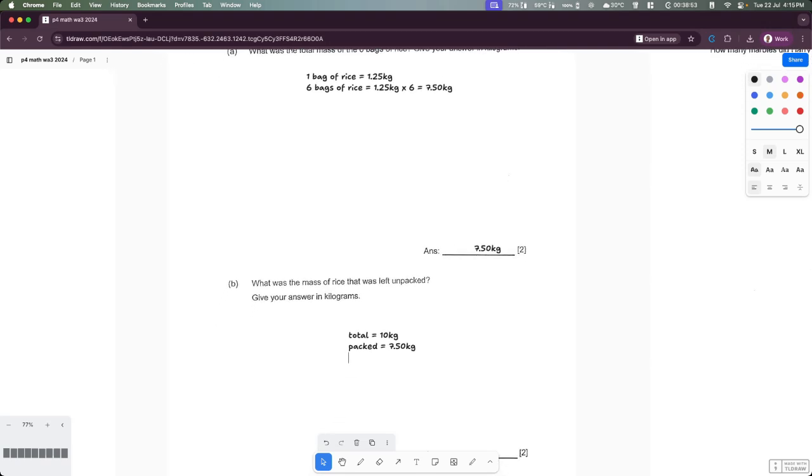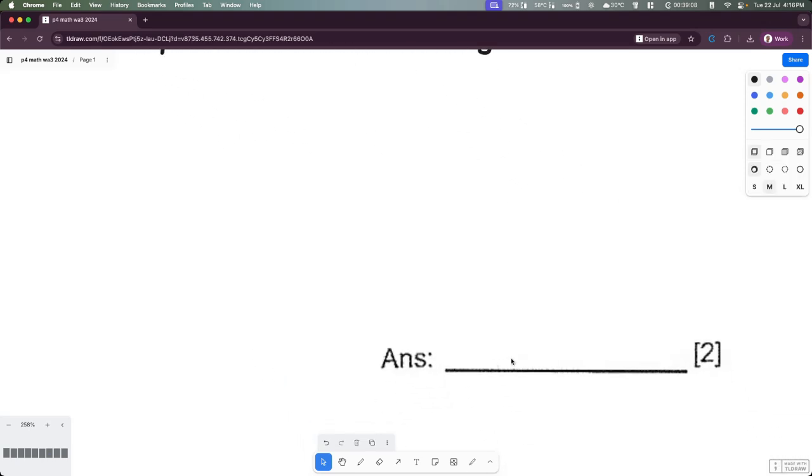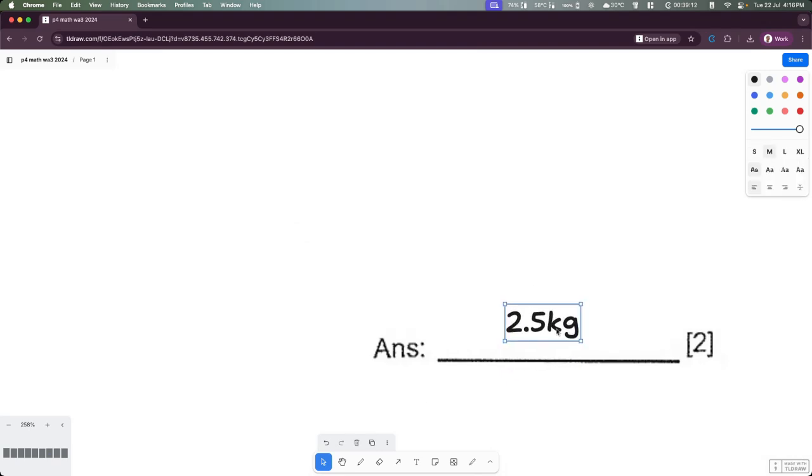So the unpacked is equal to 10 minus 7.50, equal to 2.5 kg. So that's the answer: 2.5 kg. There you go.